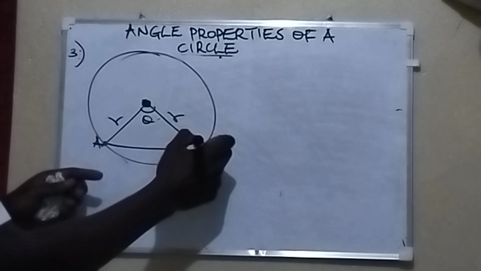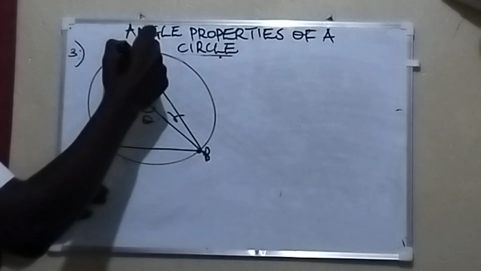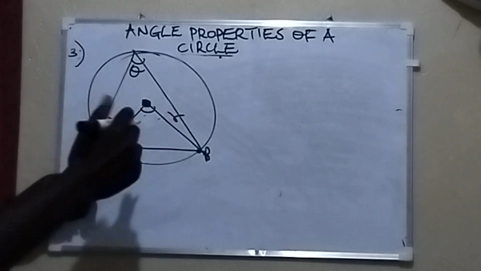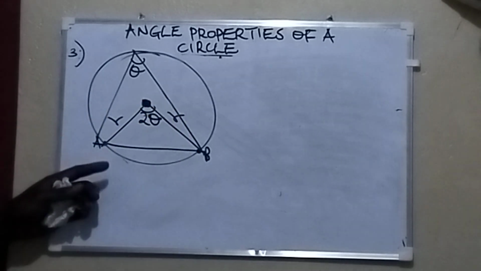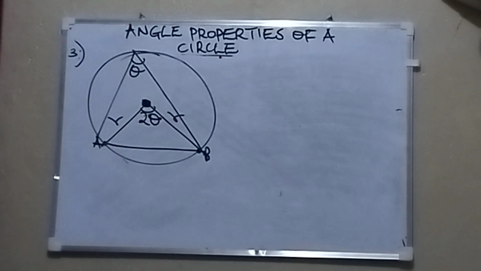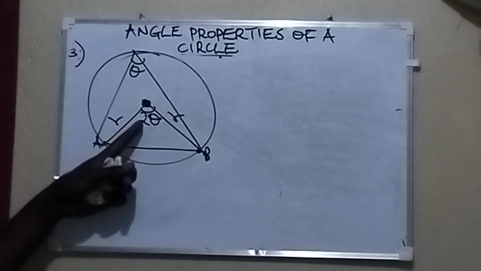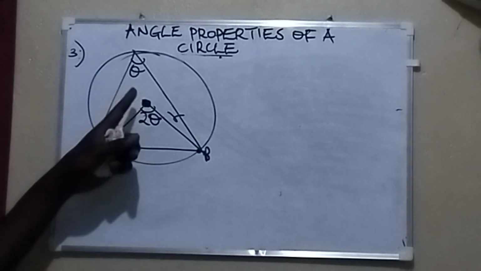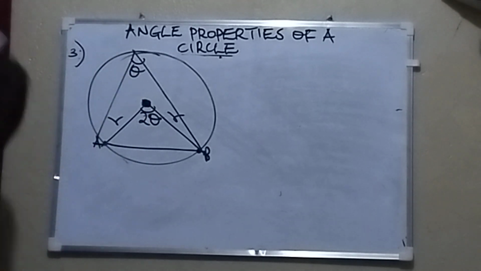So if this chord again subtends another angle on the circumference, the angle theta, then you are saying that the angle at the center will be twice the angle at the circumference. So the angle subtended at the center by the same arc or chord is twice the angle subtended at the circumference.